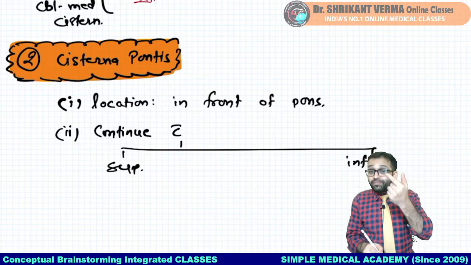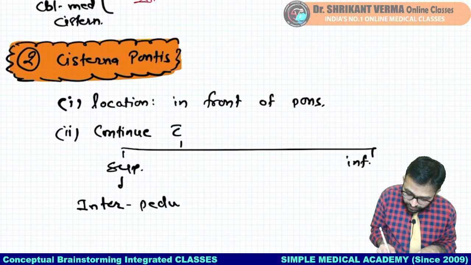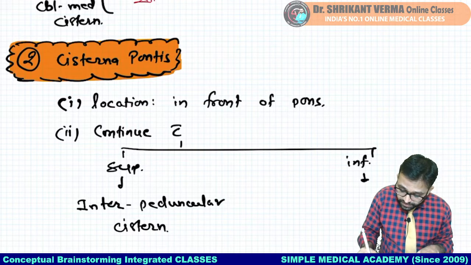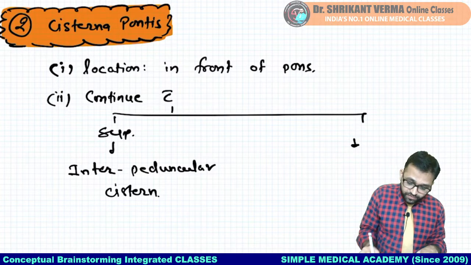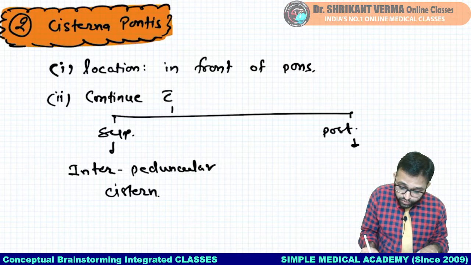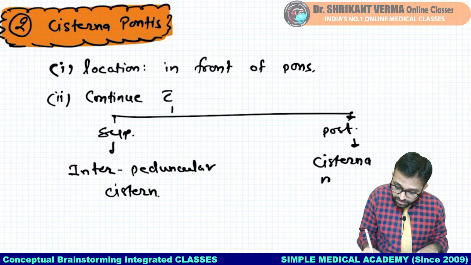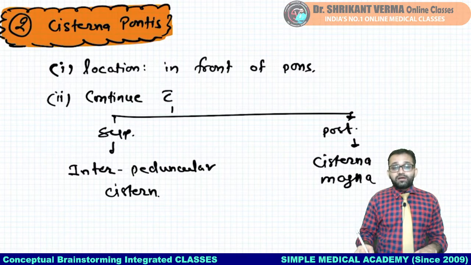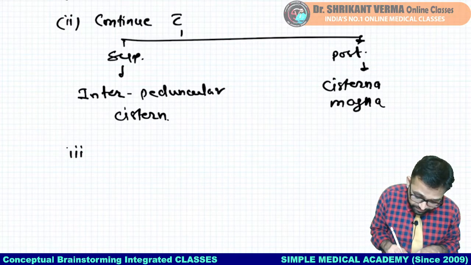Superiorly, it is continuous with the midbrain cistern, the interpeduncular cistern, and inferiorly, better to say posteriorly, not inferiorly, we are saying the posterior side. So just recall which cistern is situated posteriorly, our cisterna magna. Now we are going to talk about our content. We had already drawn the diagram previously.